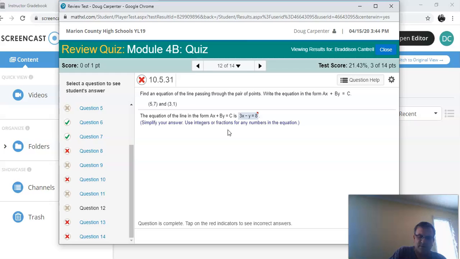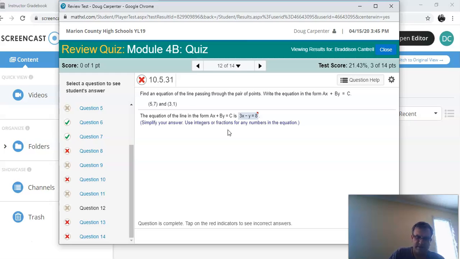Y equals 3x plus b. I'm just working this out real quick to make sure. 3 times 5 plus b equals 7. 7 equals 15 plus b, subtract 15 from both sides.